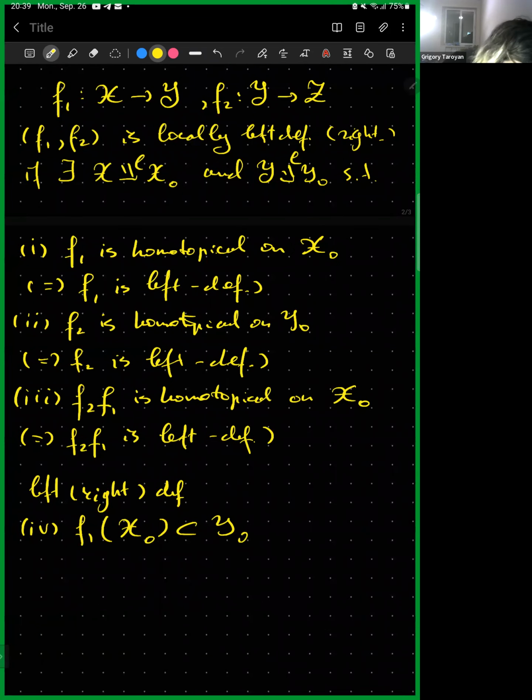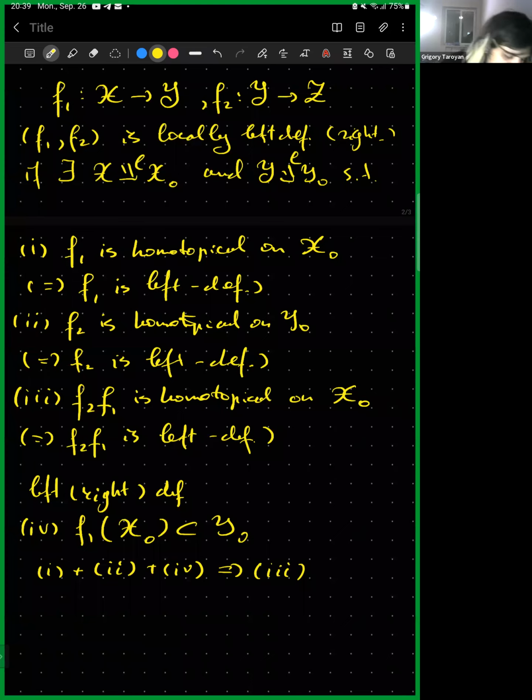Observe that conditions 1, 2, and 4 obviously imply condition 3, which makes this notion of left or right deformable pair of functors, not necessarily strictly, but stronger than the notion of local left deformability.